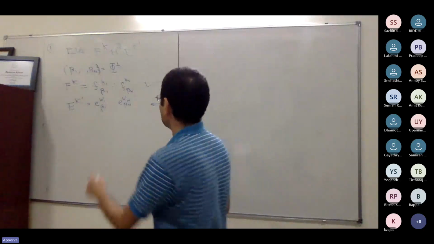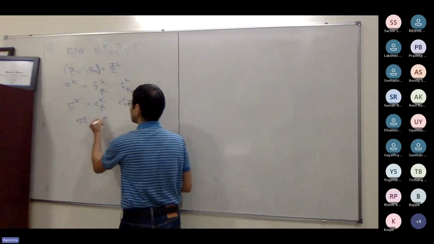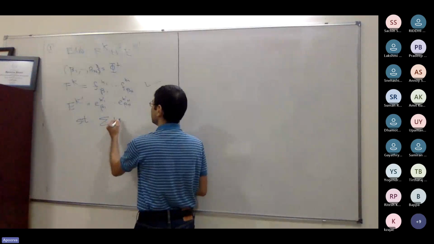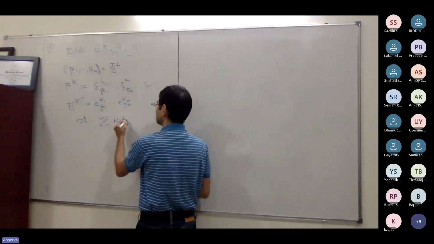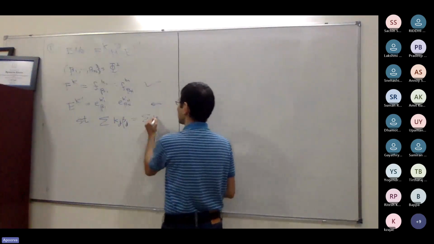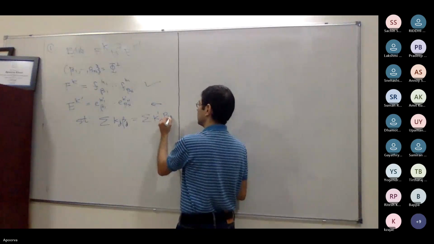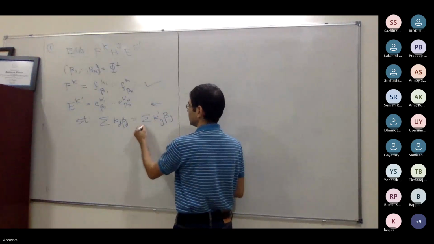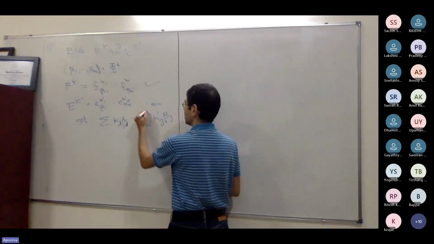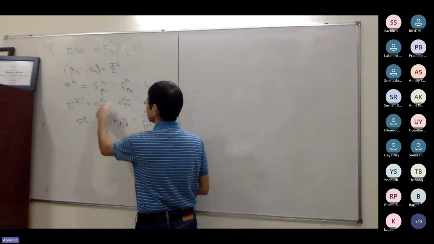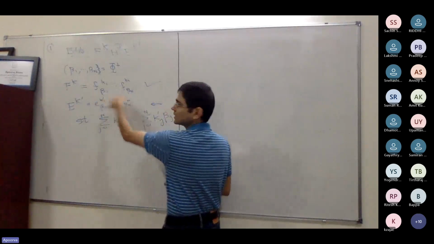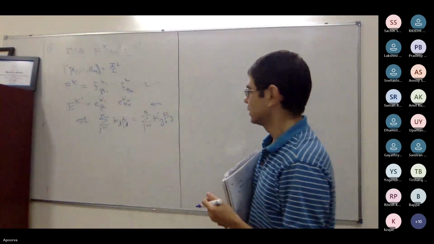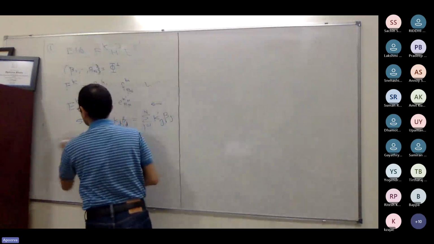Of course this part remains the same: the sum of k_j beta_j equals the sum of k'_j beta_j, with j going from 1 to n. So just change the 1 and n, and reverse the order. That's all.